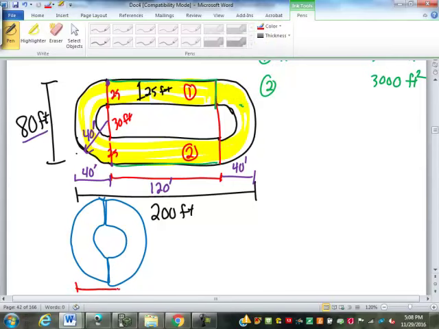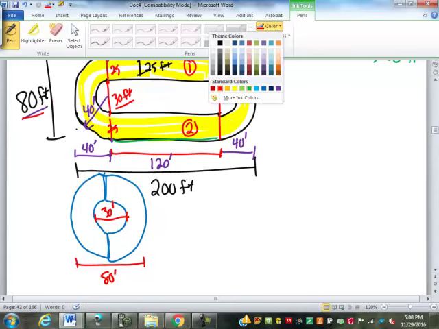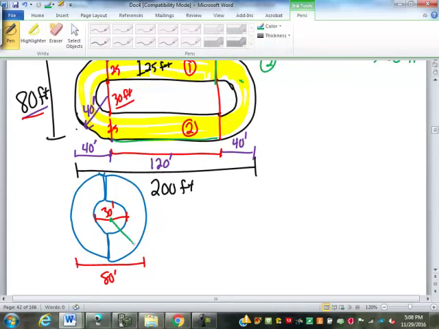This outer diameter is 80 feet. You already said the inner diameter was 30 feet. So the radius of the big circle is 40 feet, or half the 80. So that area is pi times 40 squared, 1,256 square feet, correct?